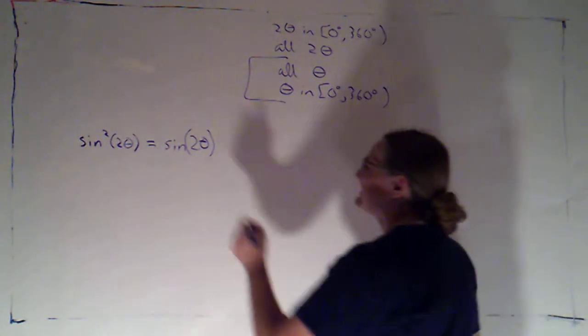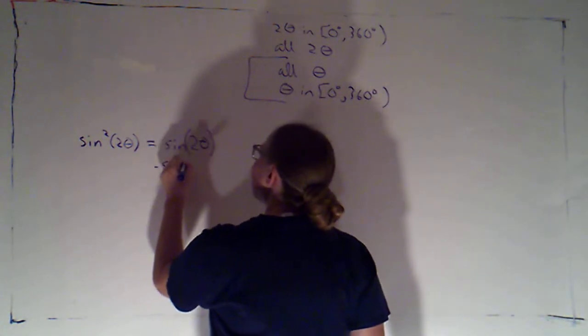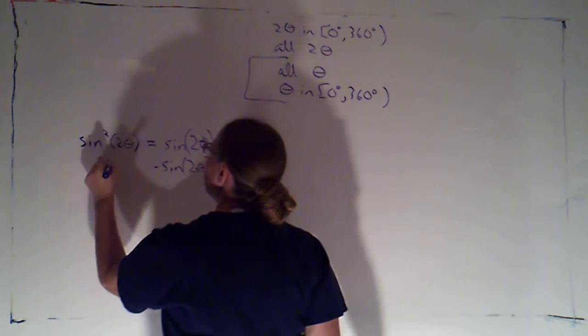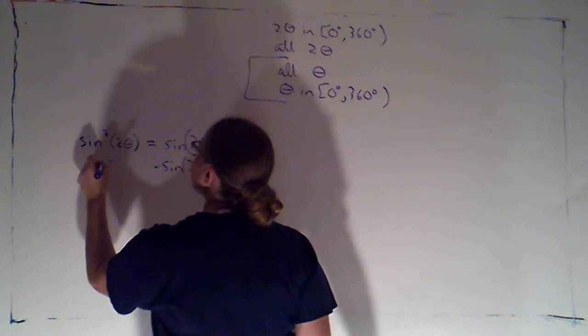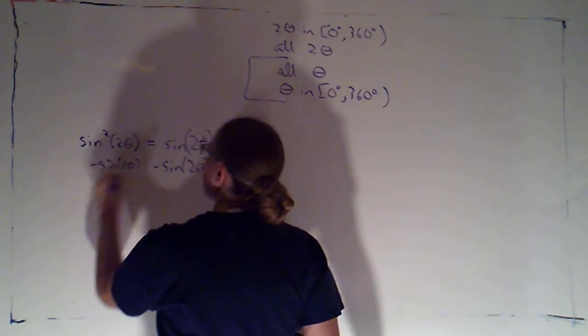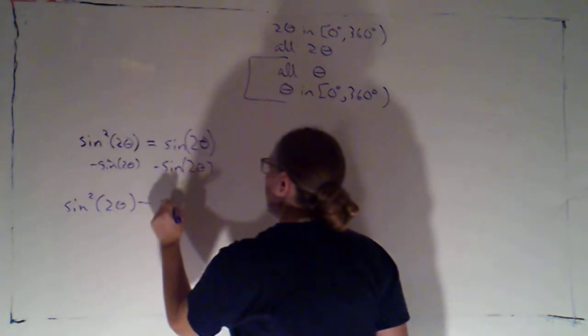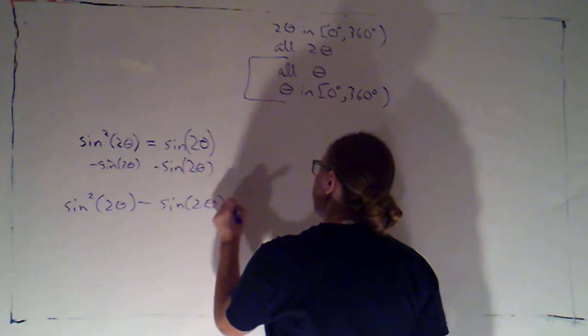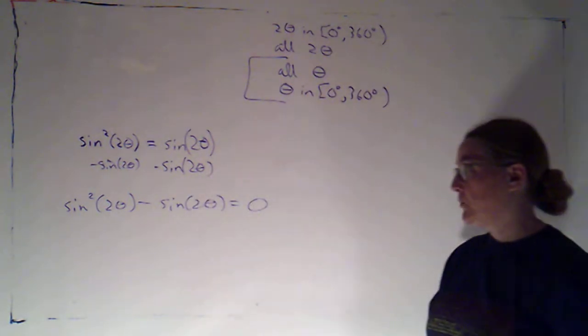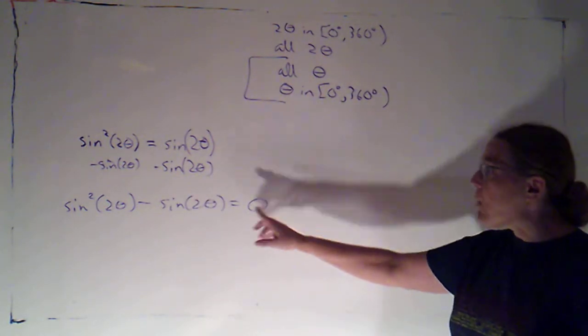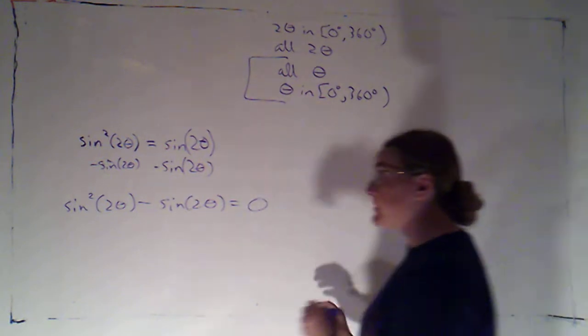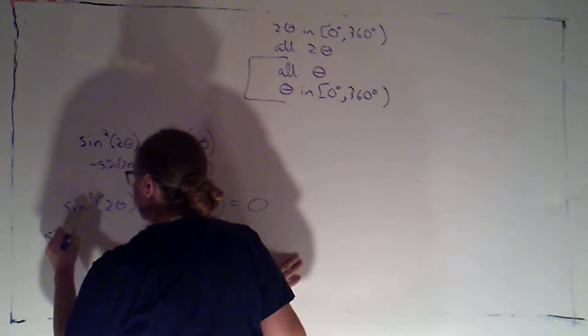Welcome back. So I'm going to subtract sine 2 theta over to the other side so that I get sine squared 2 theta minus sine 2 theta is equal to 0. Now I can factor out a sine 2 theta.